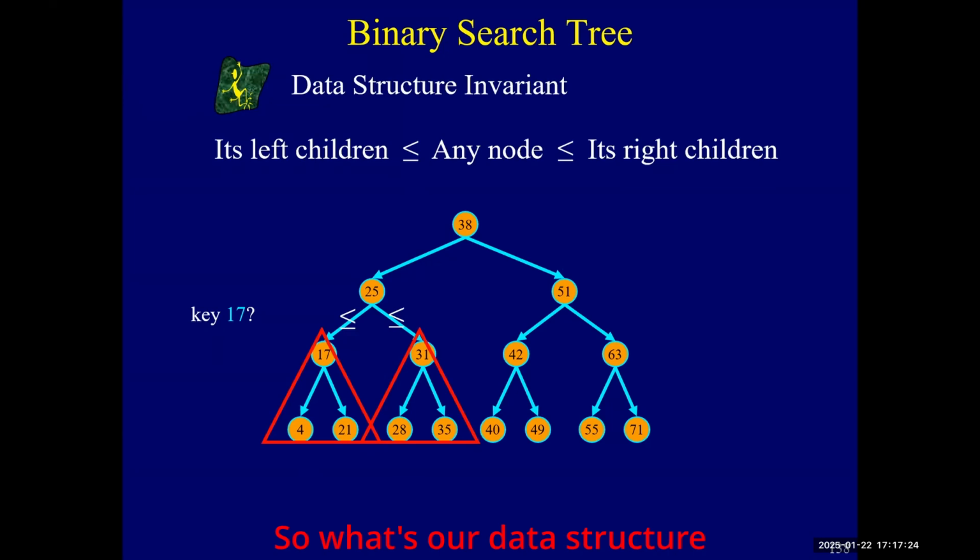So what's our data structure invariant is that if you look at any node in the tree, it has a value. Everybody in its left subtree is smaller or equal, right? Everybody in its right subtree is bigger or equal to it, right?